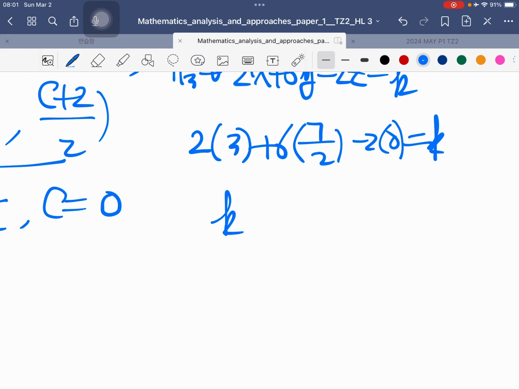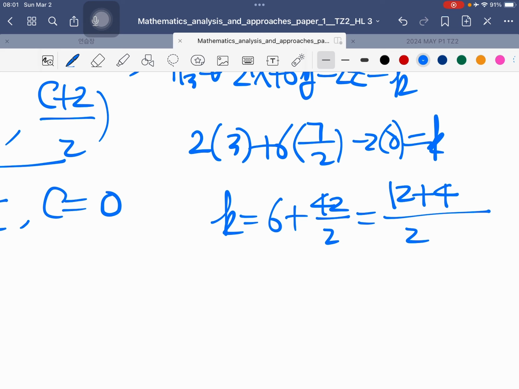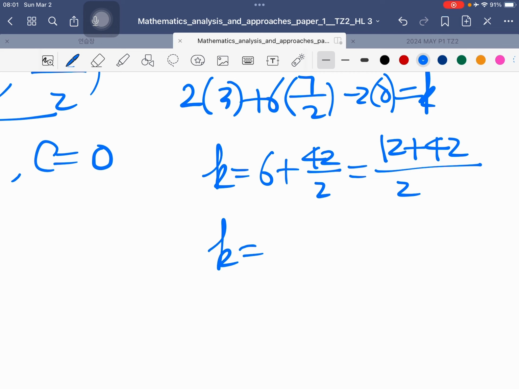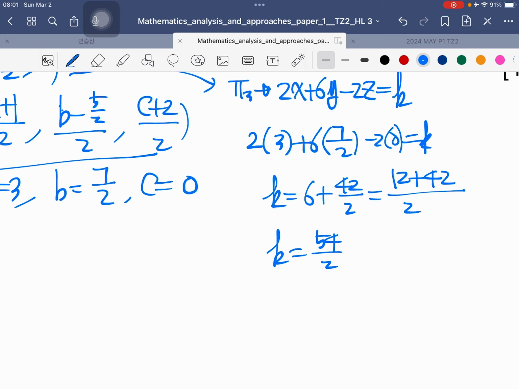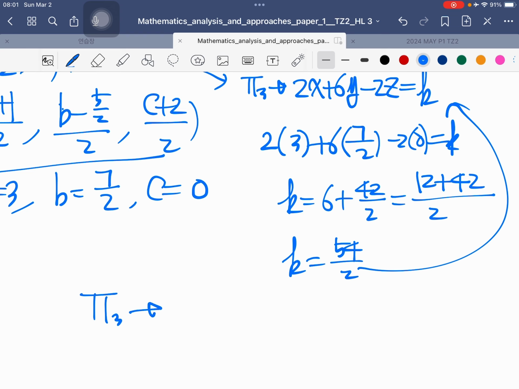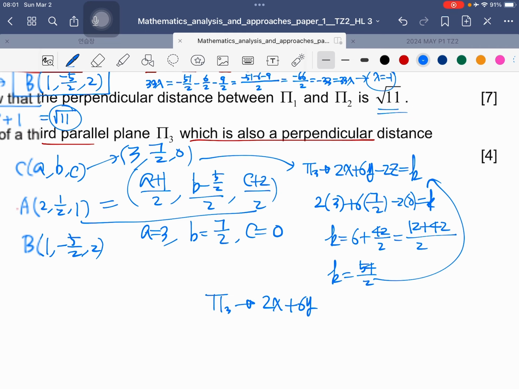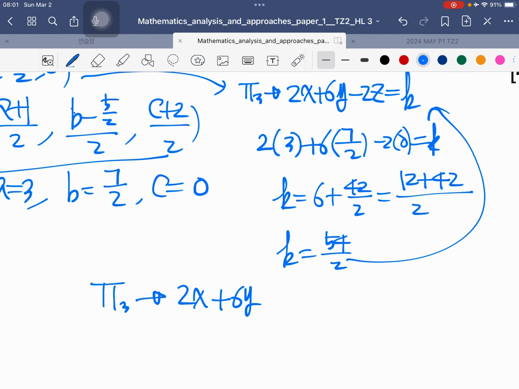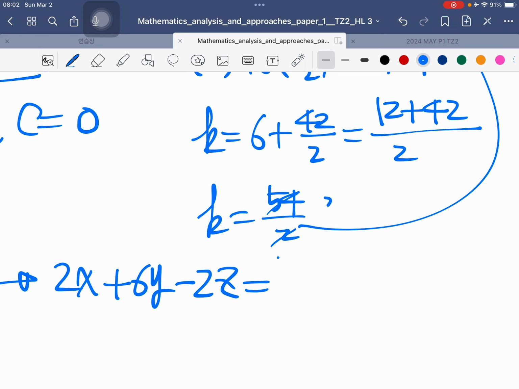So calculating, k must be 6 times 7 over 2, which is 42 over 2, so 12 plus 42, k equals 54 over 2. So the final answer, the pi 3 plane equation, is 2x plus 6y minus 2z equals, this is actually 27, so 27.